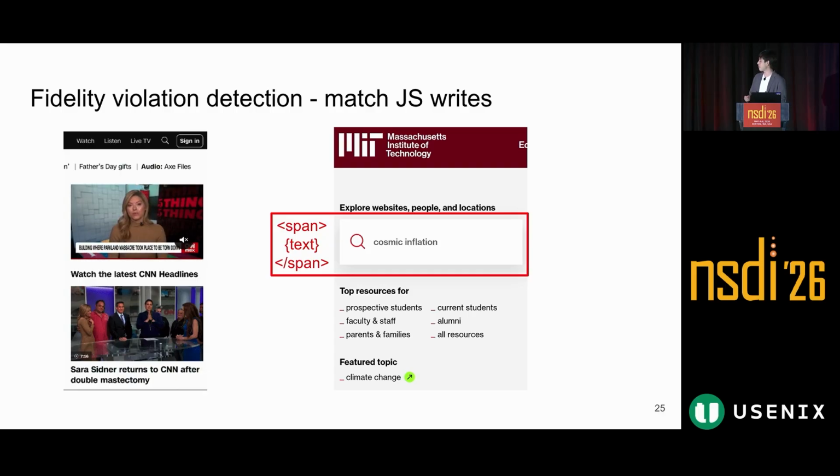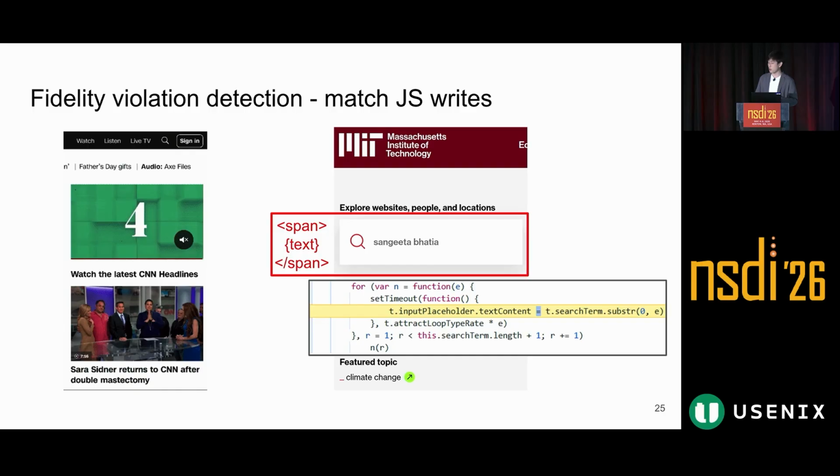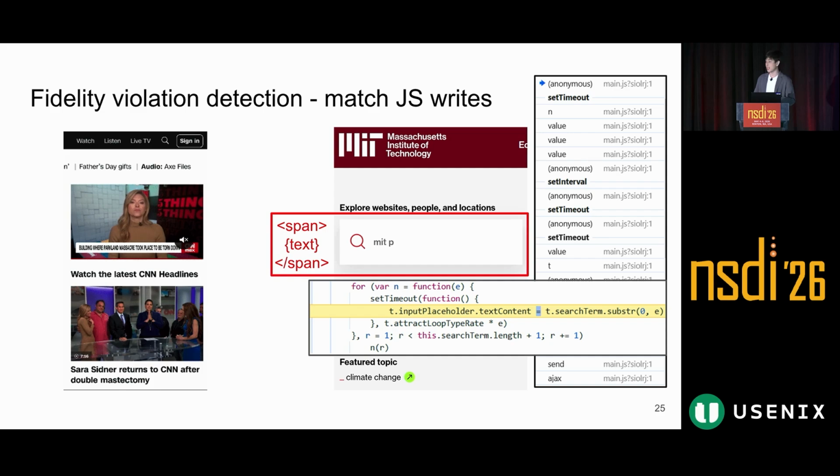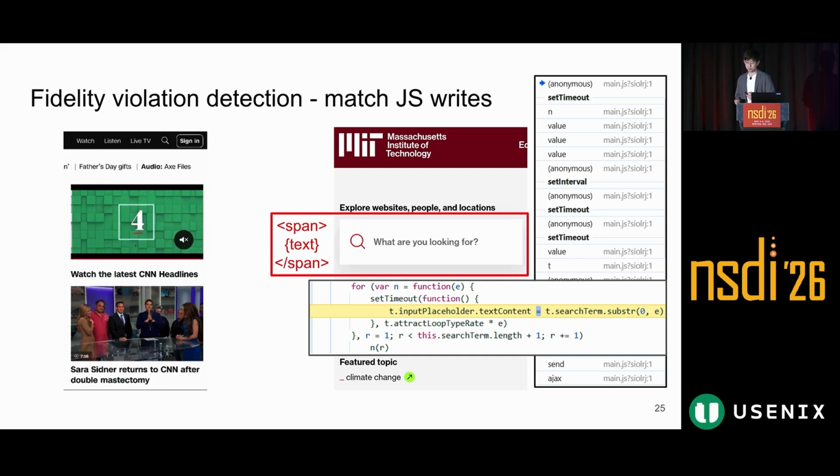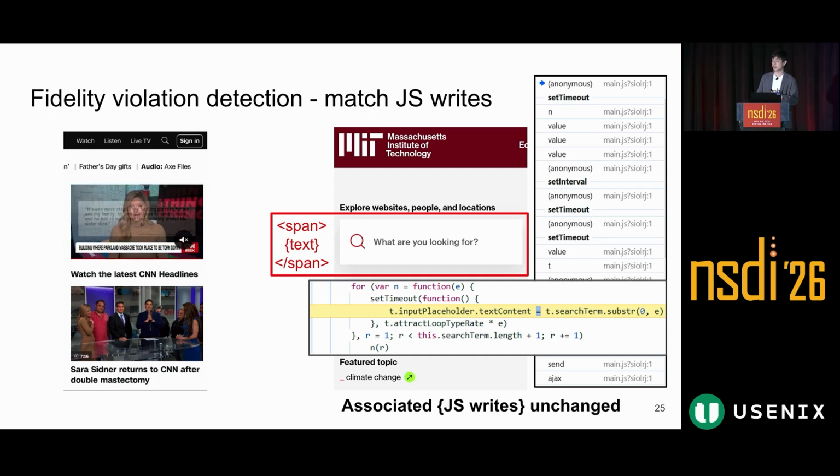However, as I mentioned, if you are able to track the JavaScript writes that happen to the layout tree and track which line of code is actually making changes to this typewriting search bar, you will realize that there's always a single line of code in JavaScript that keeps making changes to the text within the search bar, which has the exact same stack traces over time. So by being able to associate JavaScript writes with elements, we're able to still match elements between live and archive, even if they have different layouts, as long as they have the same set of JS writes.